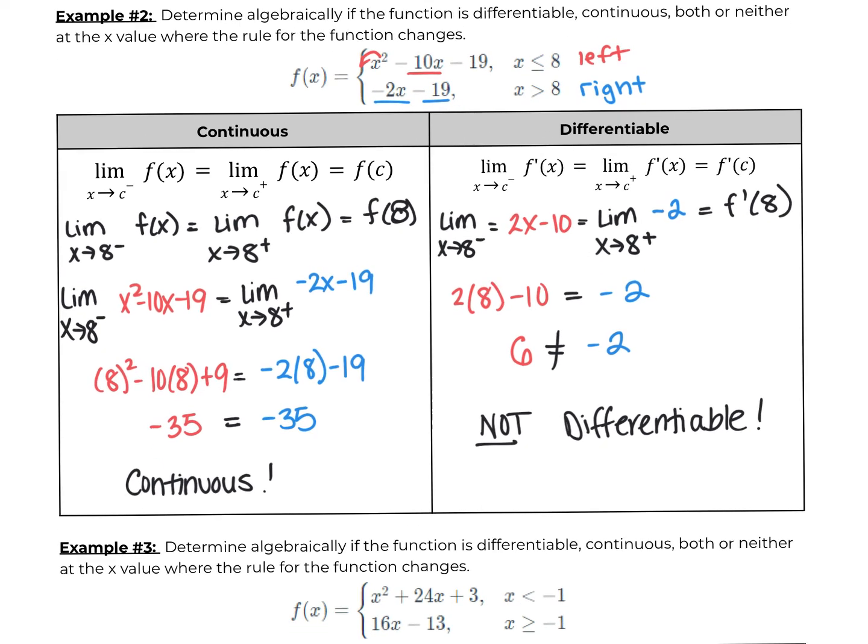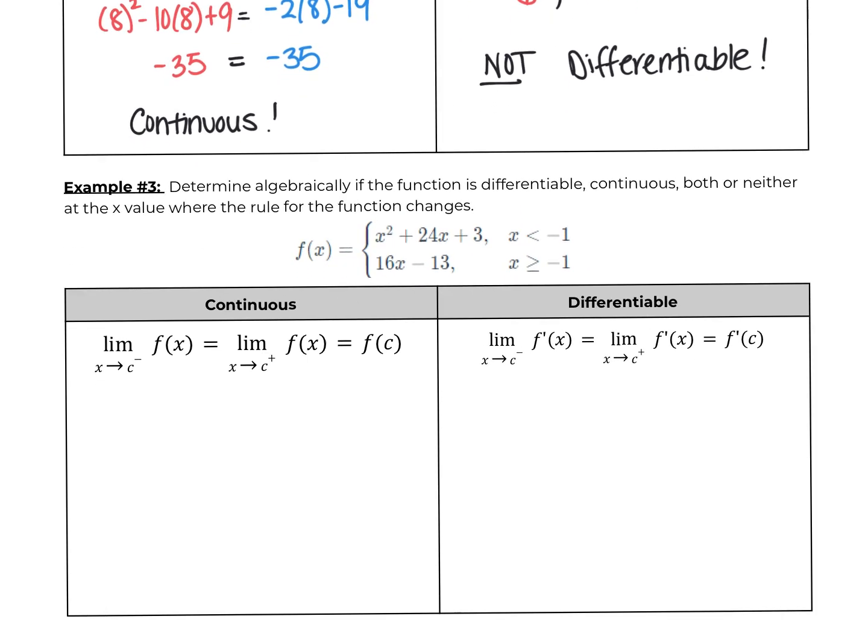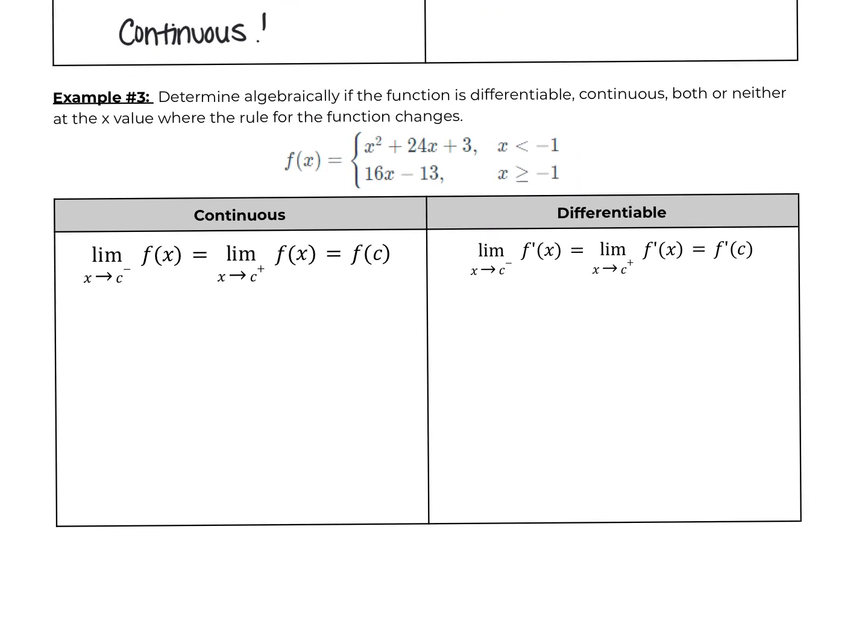All right, let's just do the last one. It shouldn't take too long. So again, same thing, determine if it's continuous, differentiable, both, or neither. So the less than values are going to be your left side of the graph, and your greater than values are going to be your right side of the graph.